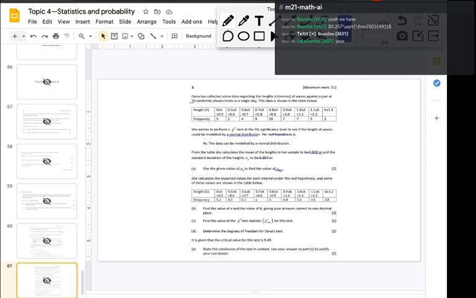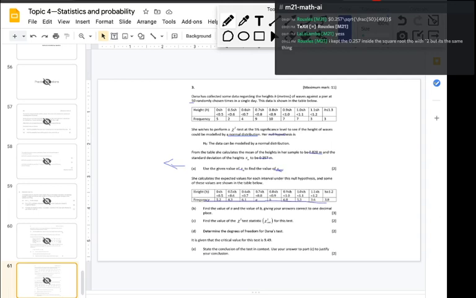Then she calculates the expected value of each interval under this null hypothesis. Other than the A part, the rest of this is also for SL, because they let you find the frequency right away.